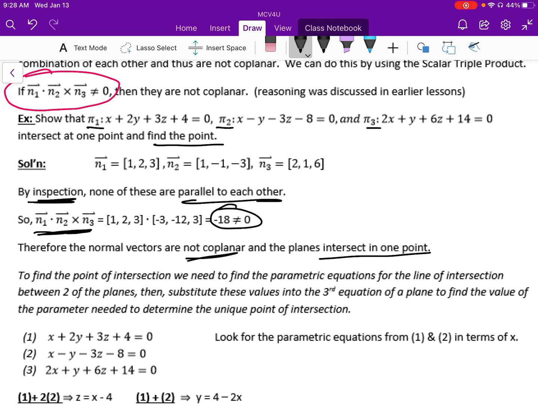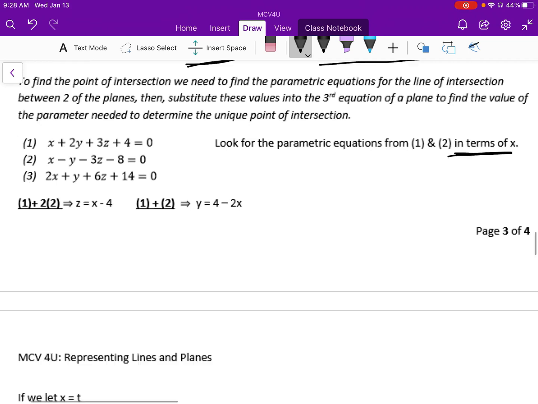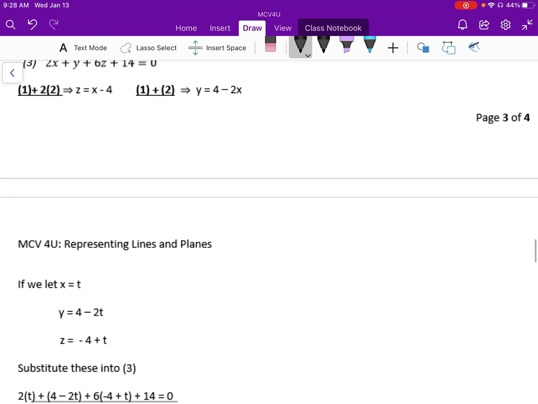So again, look at the process, right? We have the 3 equations. We're going to, in this case, isolate the y and the z in terms of the x. So then we have our parametric equations of the line of intersection. This is the line of intersection right there.